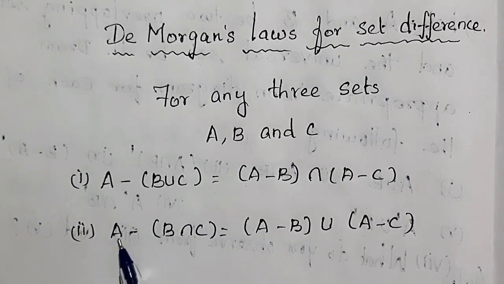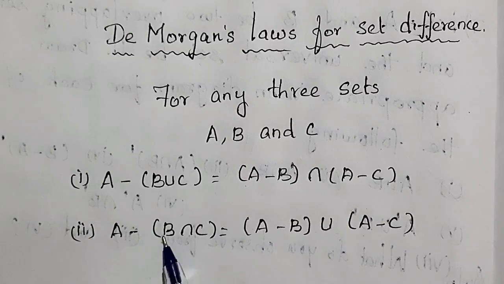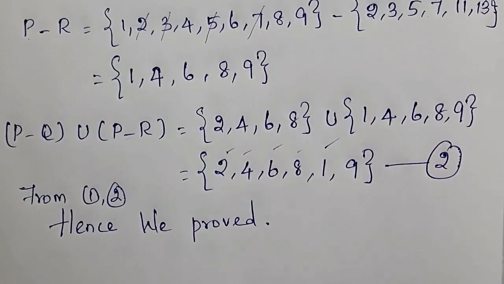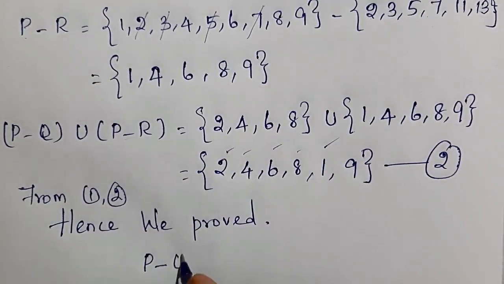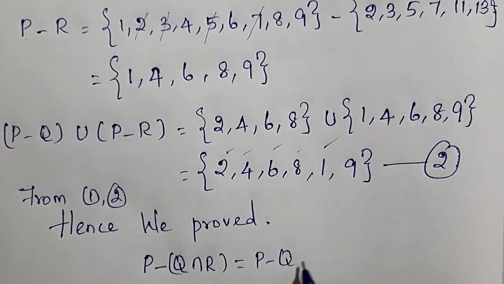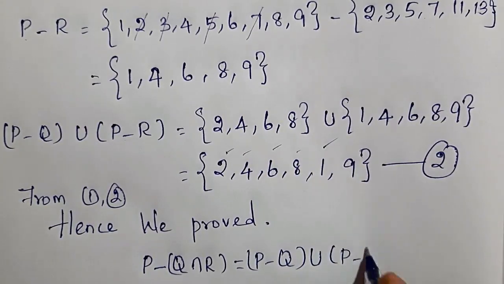So same thing here, A minus B intersection C equal to A minus B, opposite sign, union A minus C. Okay. P minus Q intersection R is equal to P minus Q union P minus R.